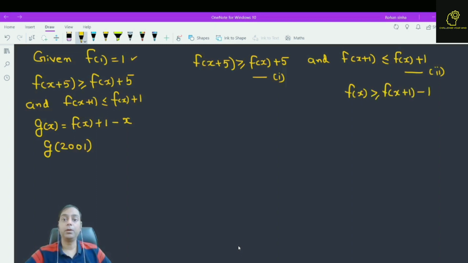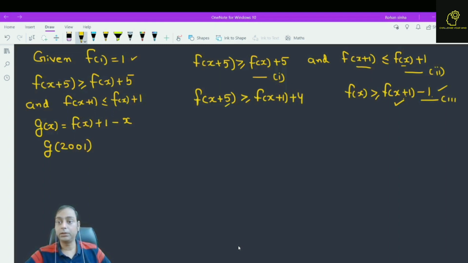Now putting this in equation 1, what conclusion can we draw? f(x+5) is greater than or equal to f(x+1) + 4. We find f(x+5) is greater than or equal to f(x+1) + 4. Let us suppose that this is equation number 3.